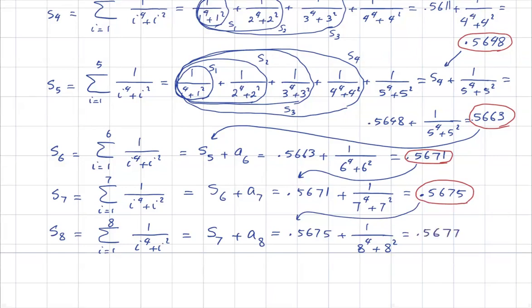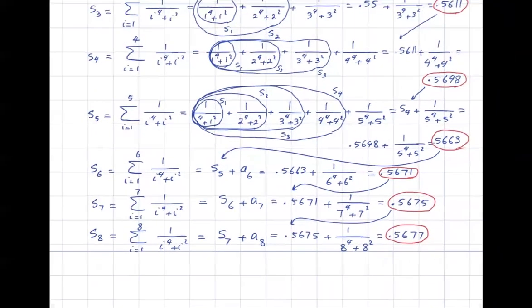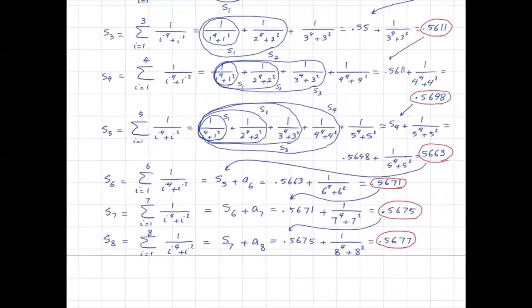Okay. So let us list all of these numbers that we calculated. This is our new sequence, am I right? So we are listing the sequence S sub 1, S sub 2, S sub 3, S sub 4, S sub 5, S sub 6, S sub 7, S sub 8, and then the rest of the numbers.